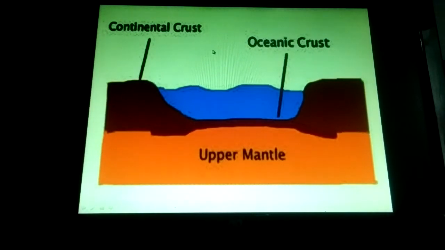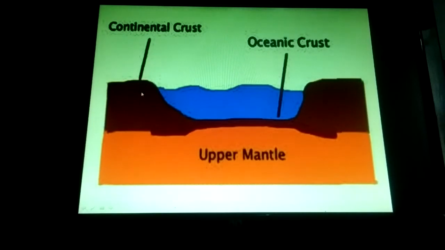The crust comprises two distinct parts, the upper part and the lower part. The upper part consists of granite rocks and forms the continents.